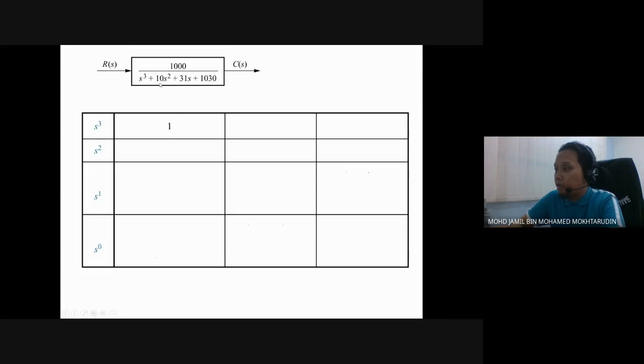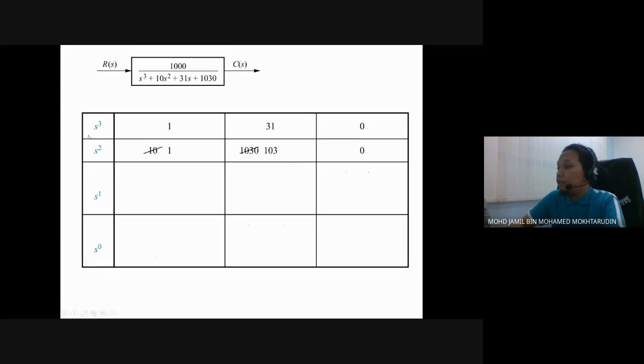And then we put 10 here on the s squared. Ignore this for now, later I will explain what this is. And then 31 we put on this box, and 1030 we put here. Because you have no more values you can put, then you just put 0 on the remaining empty boxes.